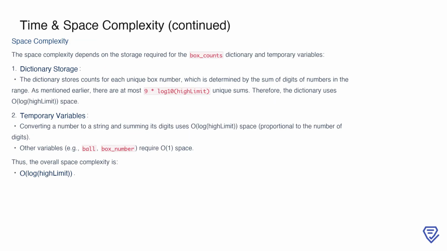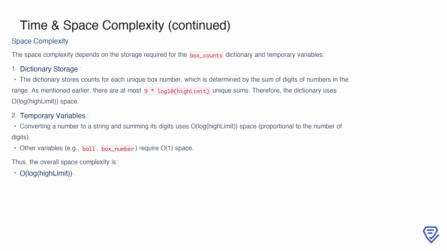Switching to the space complexity, the primary factor is the storage required for the dictionary, which keeps track of the counts for each unique box number. The number of unique keys in the dictionary is determined by the sum of digits of numbers in the range. Since the sum of digits cannot exceed 9 log base 10 high limit, the dictionary uses O(log high limit) space.